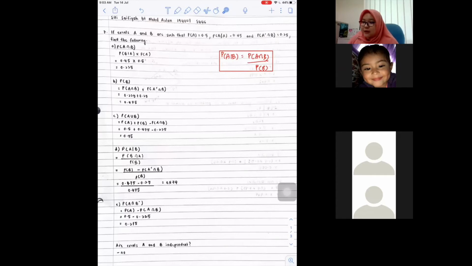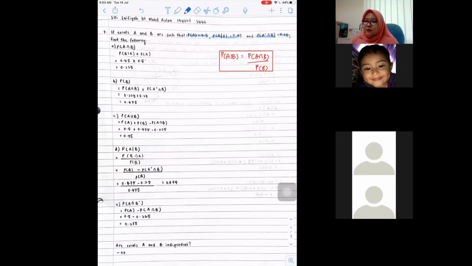This is given: P(A) is 0.5, P(B given A) is 0.45, and P(A complement intersect B) is 0.25. So the question asks you for A intersect B.